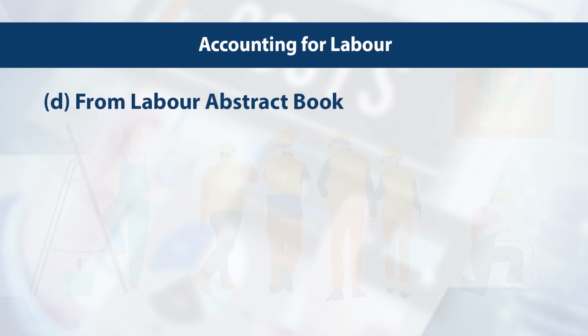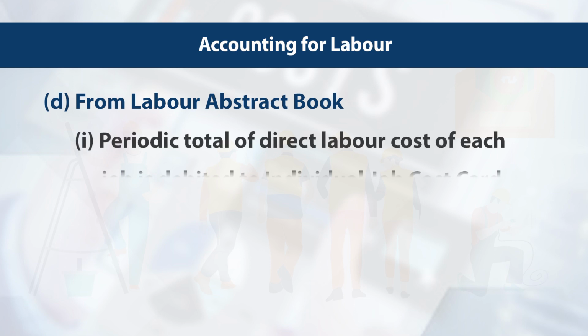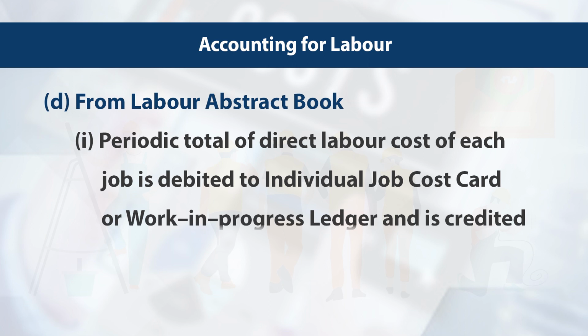Then from the labor abstract book, number 1, the periodic total of direct labor cost of each job is debited to the individual job cost card or work in progress ledger and is credited to wages control account.